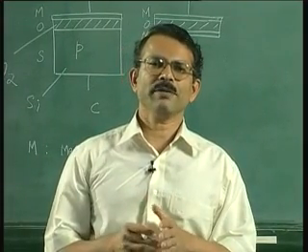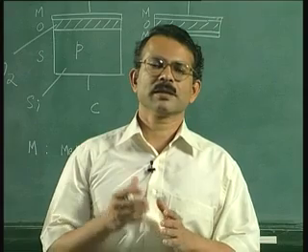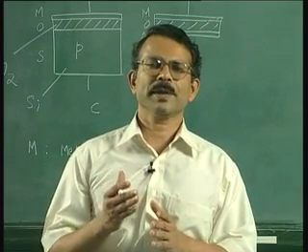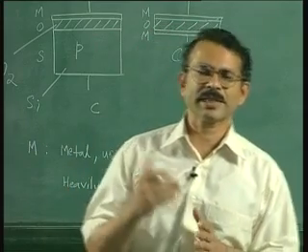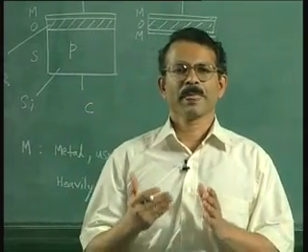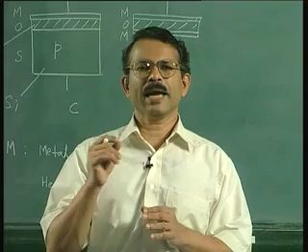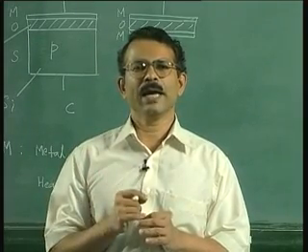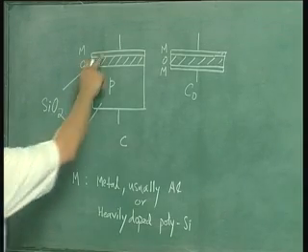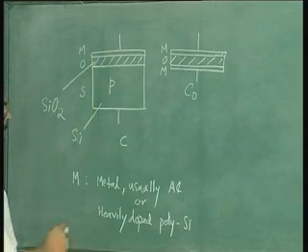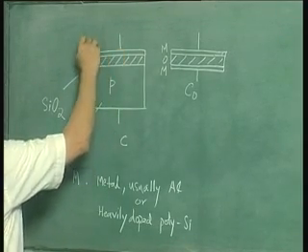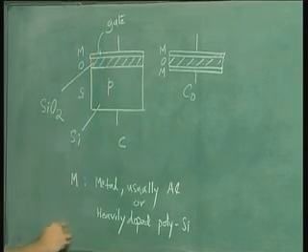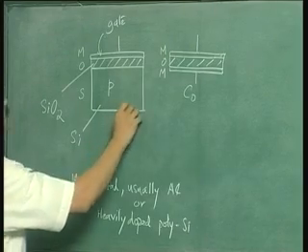So you have MOS capacitors with n plus polysilicon, or you have MOS capacitors with p plus polysilicon. So just as substrates can be p or n type, if the gate layer is made of polysilicon, it can also be n or p type. So this metal layer is also called the gate layer. And this is the substrate.